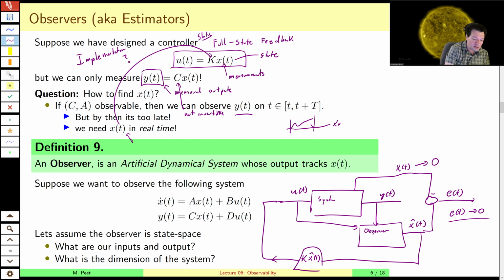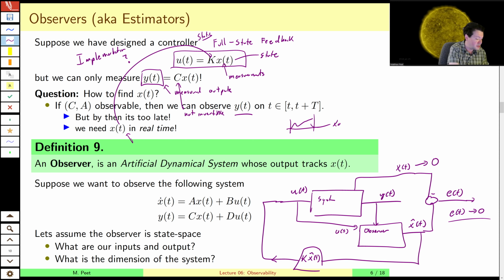So let's concentrate on the observer block. What is that? As we argued, it's a system in that it has two inputs, u of t and y of t. U of t we know, because it depends on the output of the system itself.